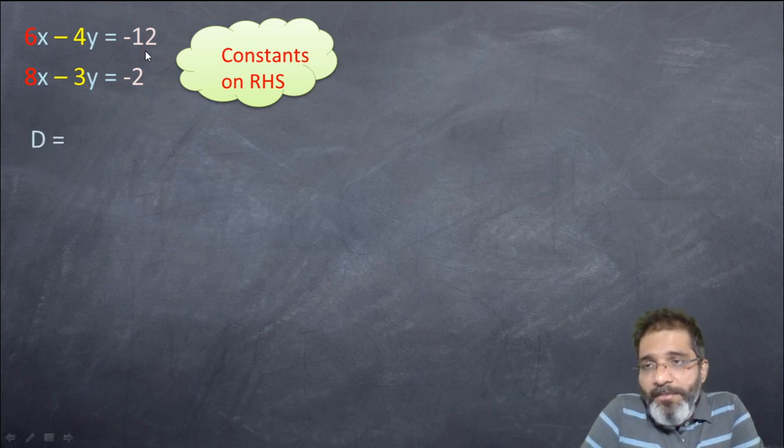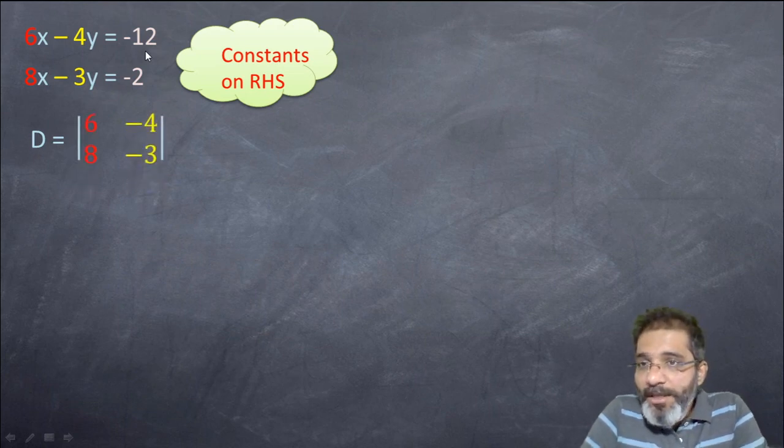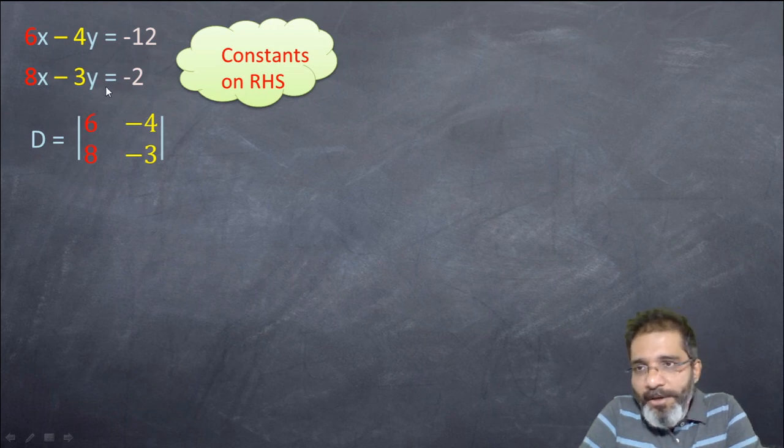Now the first thing we need to find is the value of D. So what is D? See the numbers and the colors I have written here: 6, 8, minus 4, minus 3. These are the coefficients of x and y. I'm not taking constants here.